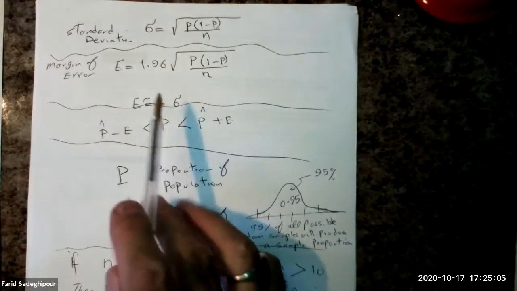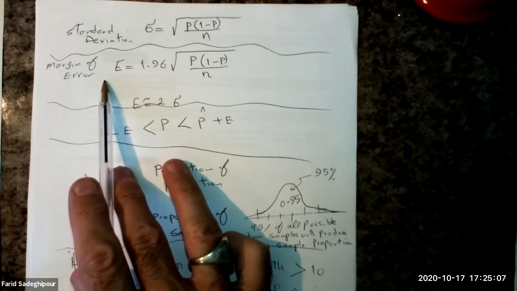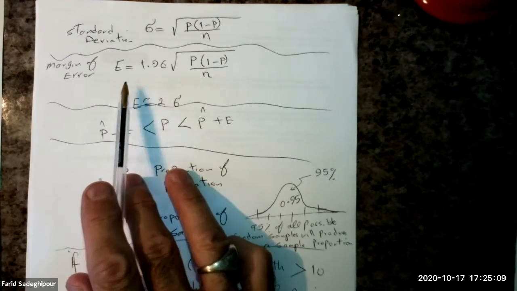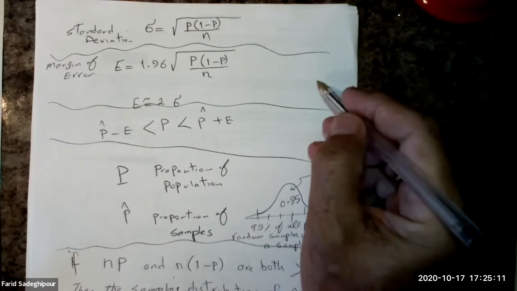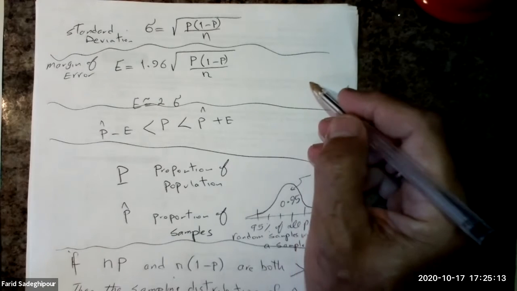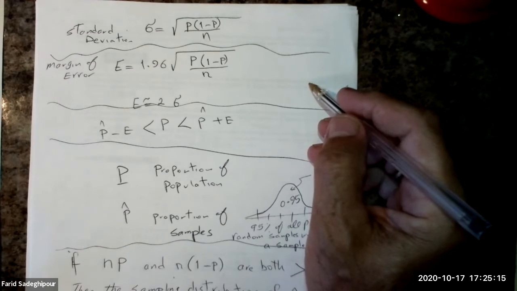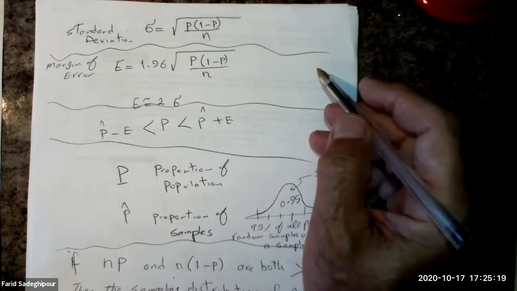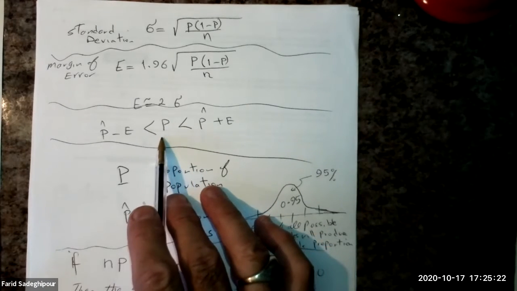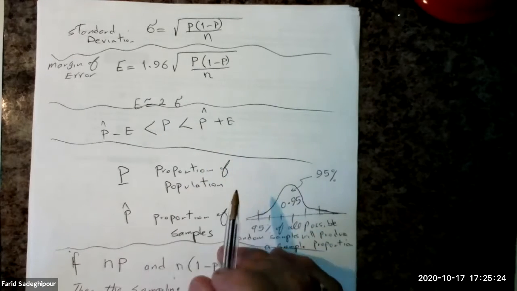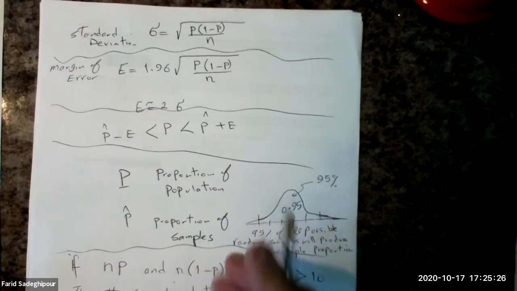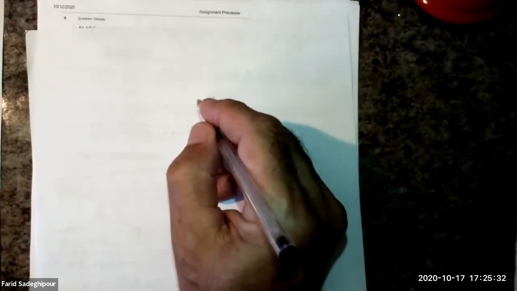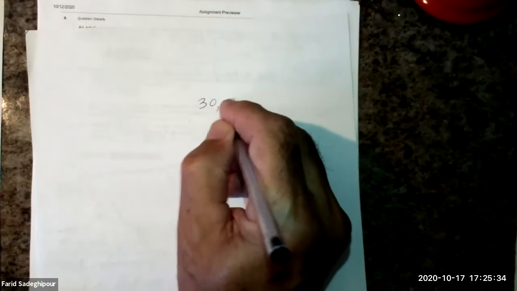Now, we also have what they call margin of error. When you calculate the proportion from a sample, that proportion may not be exactly equal to the proportion of the population. There is always a plus or minus. Let me give you a very simple example. Let's say the salary of one particular position is $30,000 a year.